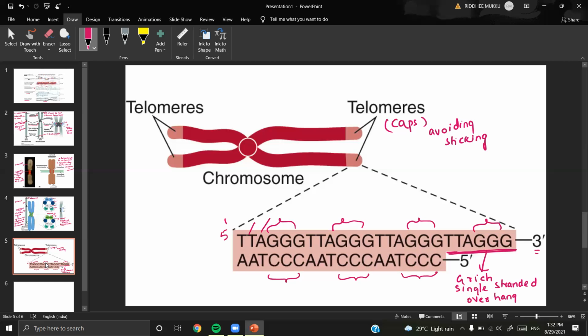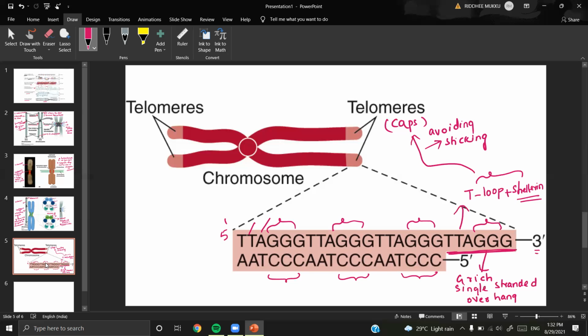So this is the most important thing to be remembered. And remember children, this particular overhang is going to form a long loop which is called a T loop, and this T loop is associated with proteins called the sheltering protein complex. Together they form these cap-like structures, which avoid the sticking of the ends of the chromosomes and the formation of aggregates.